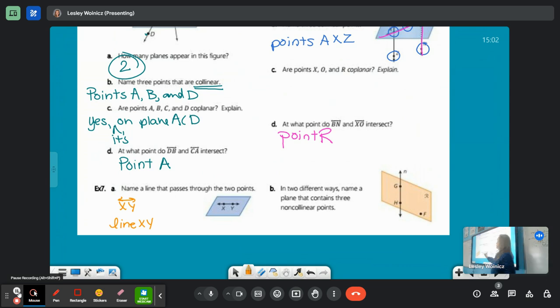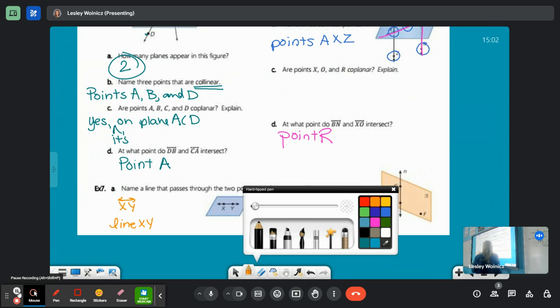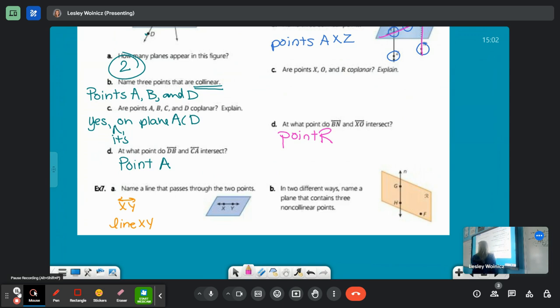All right, in 2 different ways, we have to name a plane that contains 3 non-collinear points. So what's the easy way? Plane R. Okay, make sure it's fancy looking, the R. Okay, what's the other way?